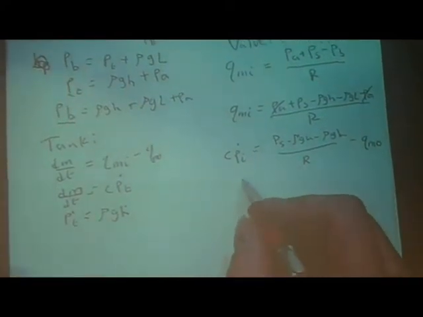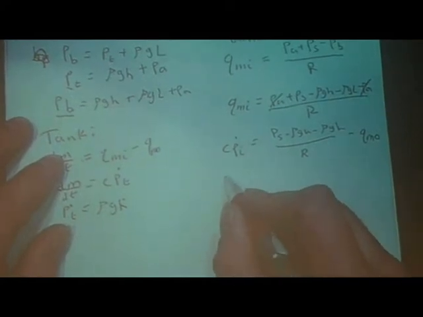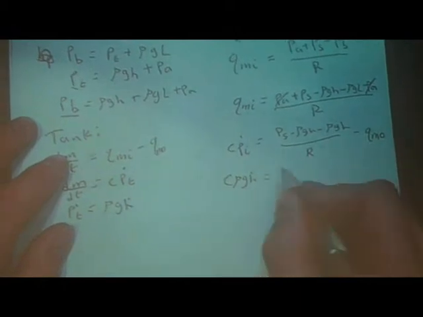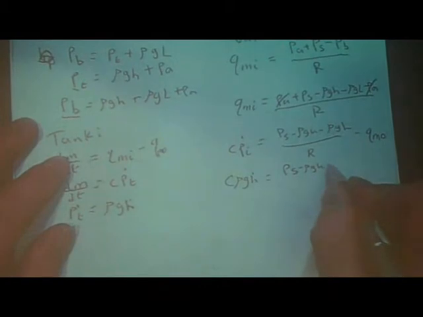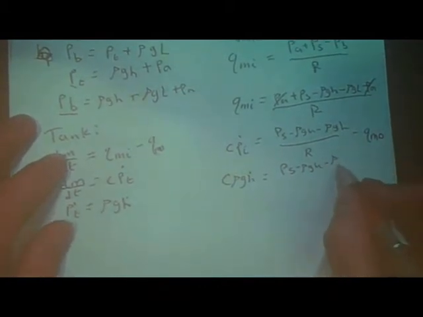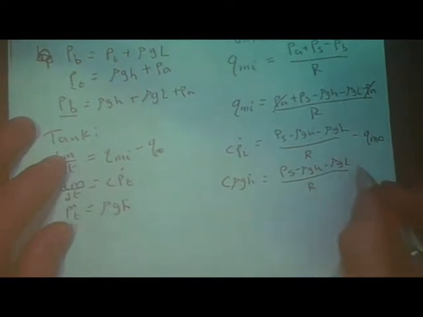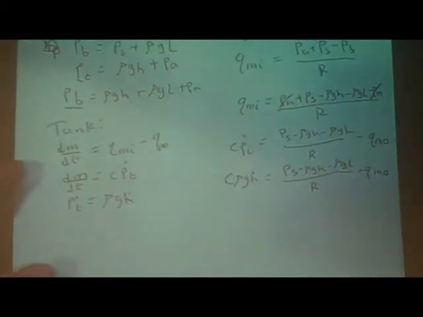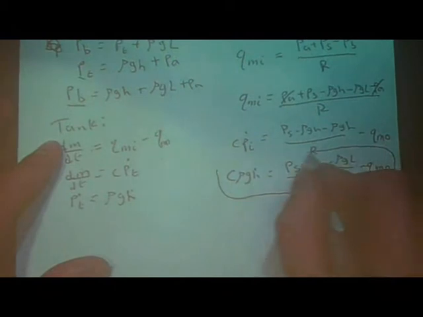So C rho GH dot is then equal to PS minus rho GH minus rho GL over R minus Q mass flow rate out. And then that is the final equation for the height of the Marston Water Tower.